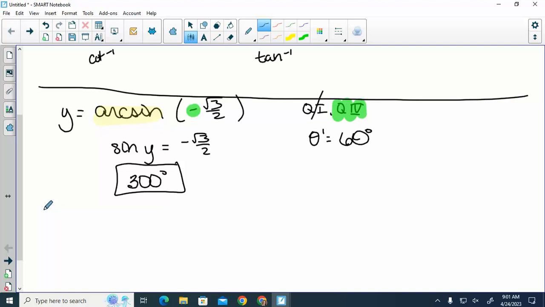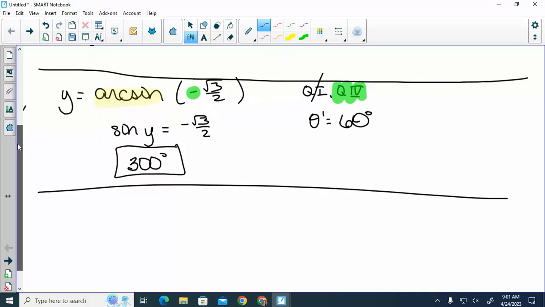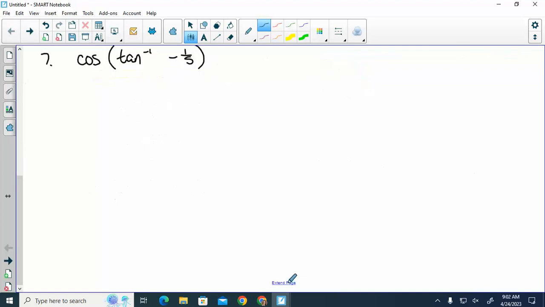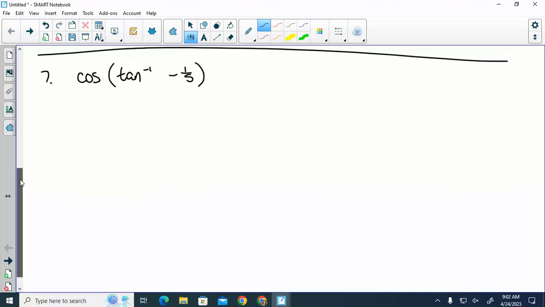Now, one of the triangle problems. Specifically we had number 7, and we can do another one too. This says cosine of tangent inverse of negative 1/5. All right, start on the inside. Tangent inverse represents an angle.